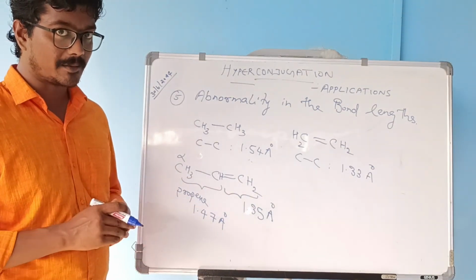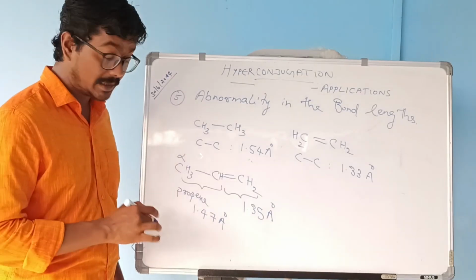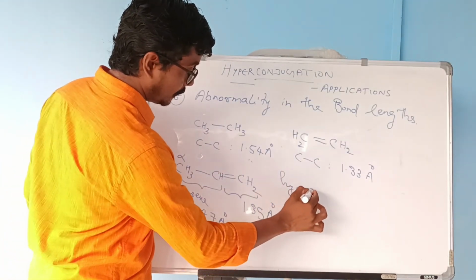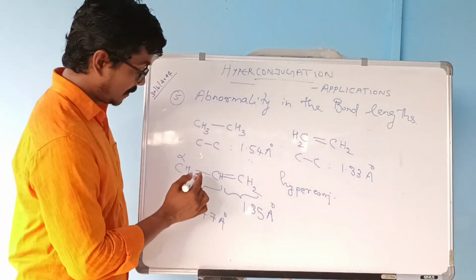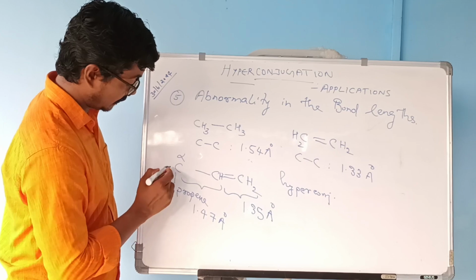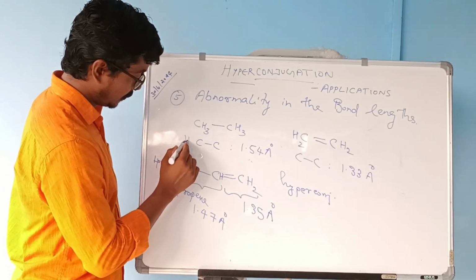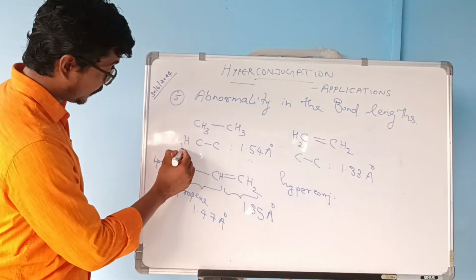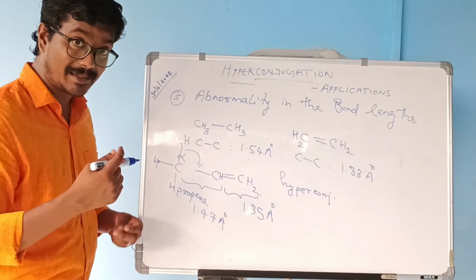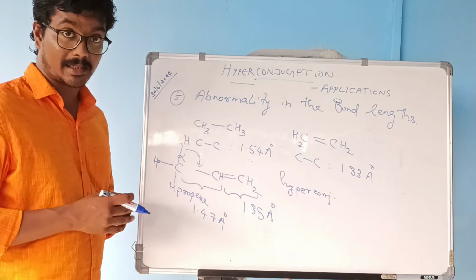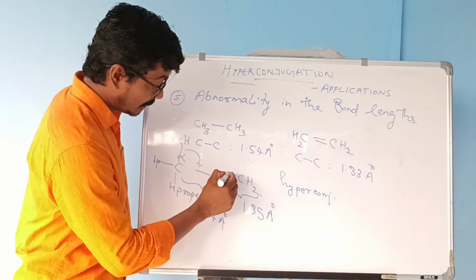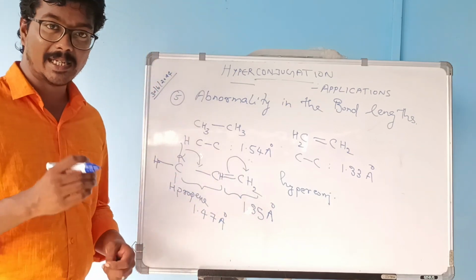Okay, so we can explain how this happens. This is because of hyperconjugation. Due to the hyperconjugative structure, this hydrogen bond will come here. The sigma single bond will show a double bond character, and this double bond will show a single bond character.